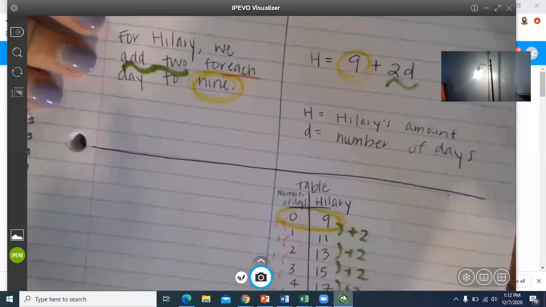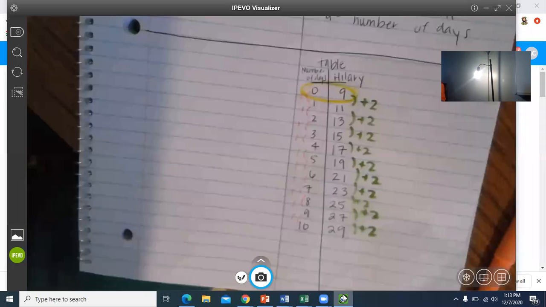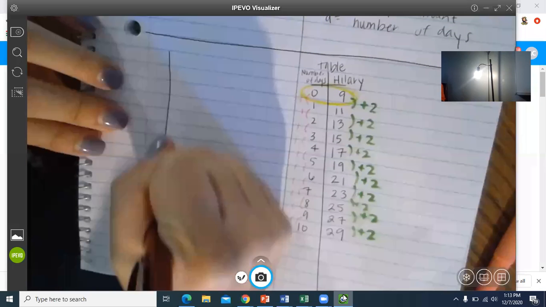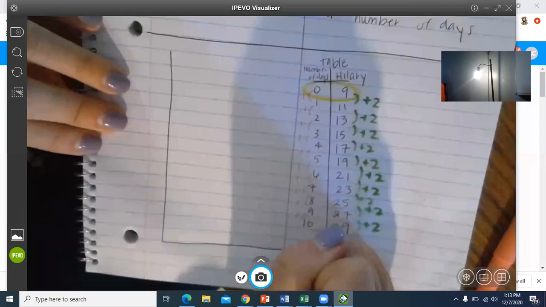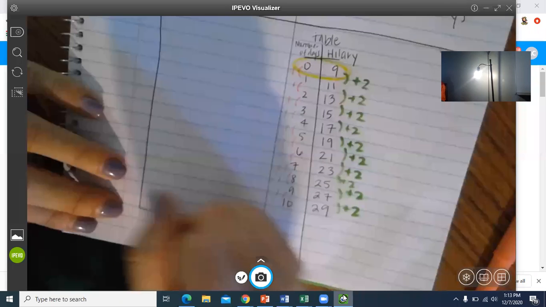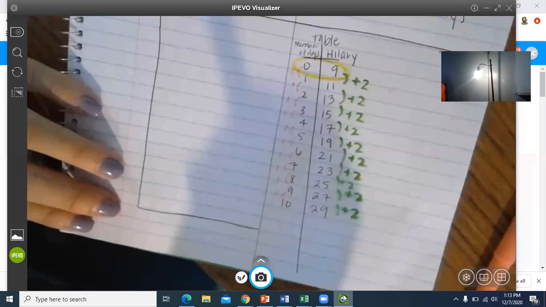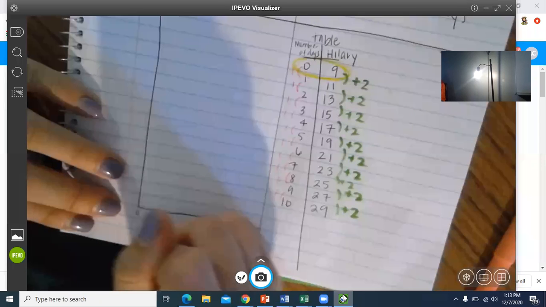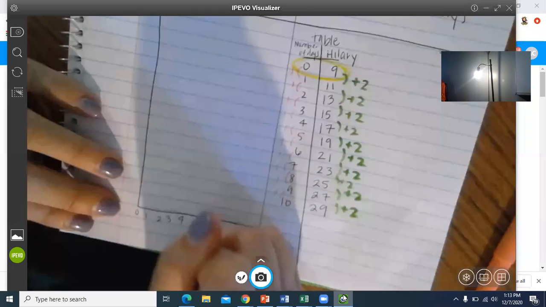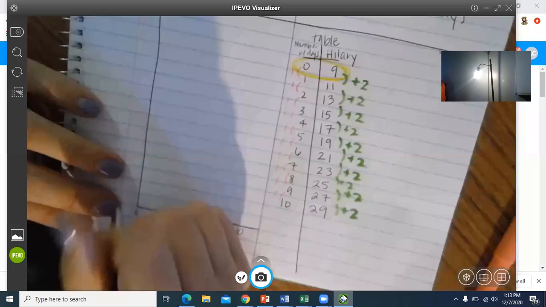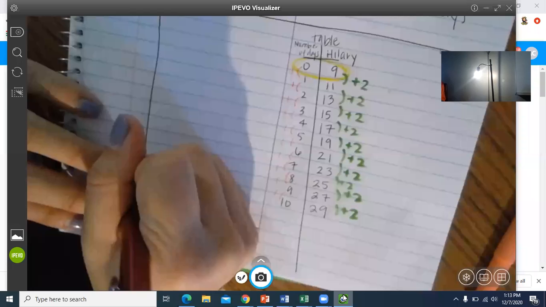Okay, so let's do the graph. All right, so we're going to put the number of the days here because that's the independent variable. That one doesn't depend on anything. So still we start at 0 again?